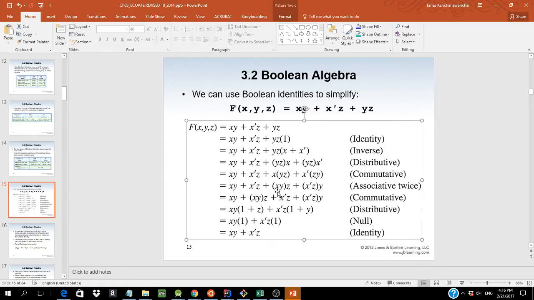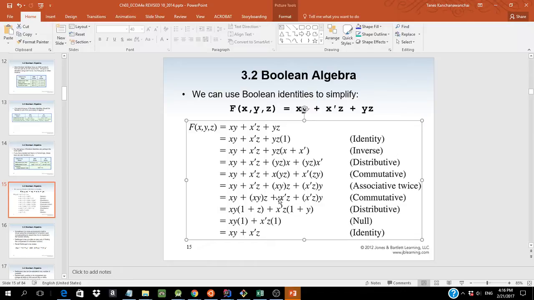And we group: this guy is the xy group and this guy is the x prime z group. This guy has z in common, and this guy has y in common. So we look at it as xy in common, and this guy has x prime z in common.